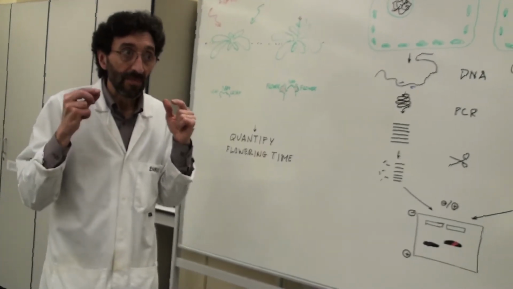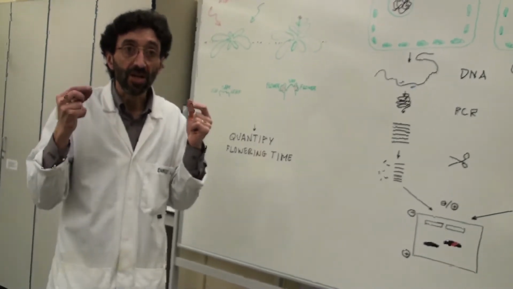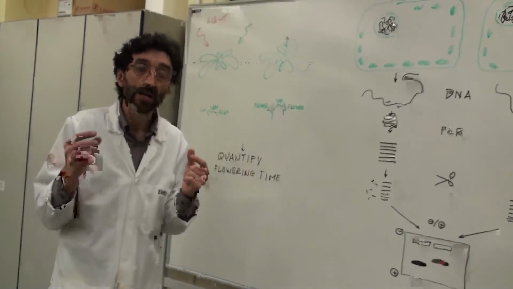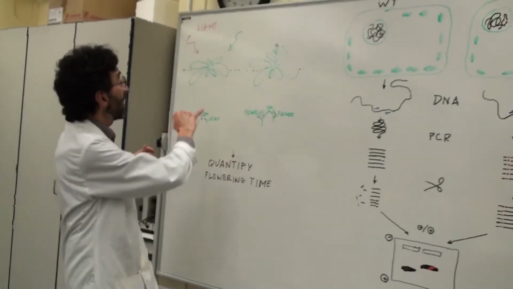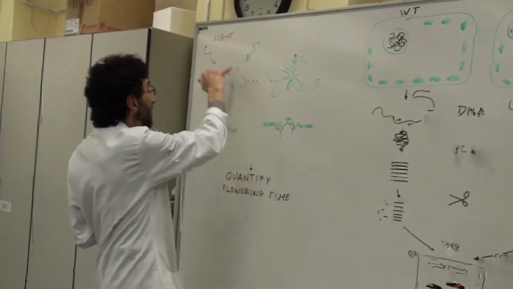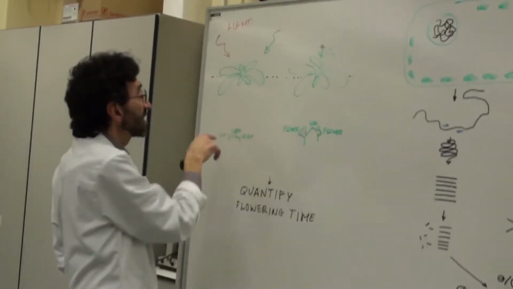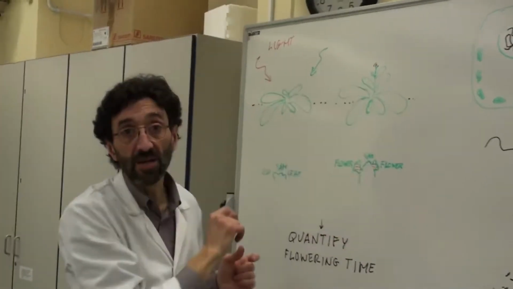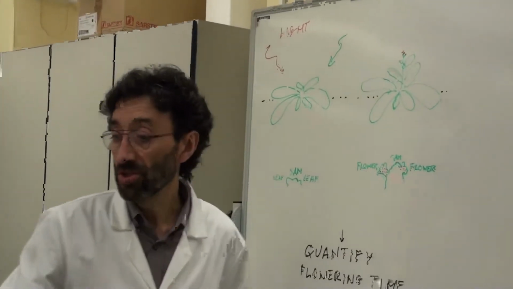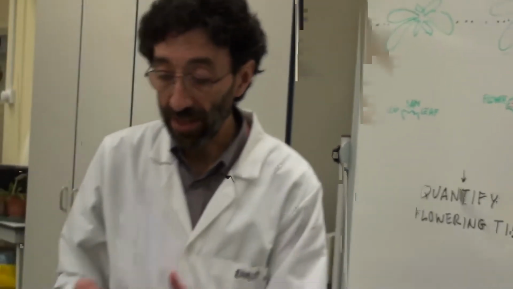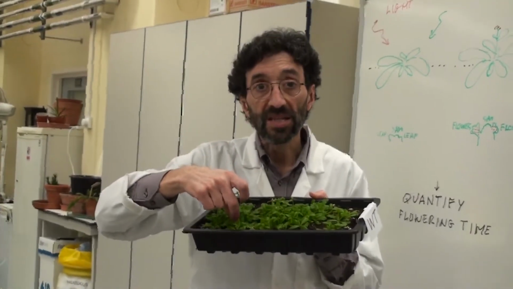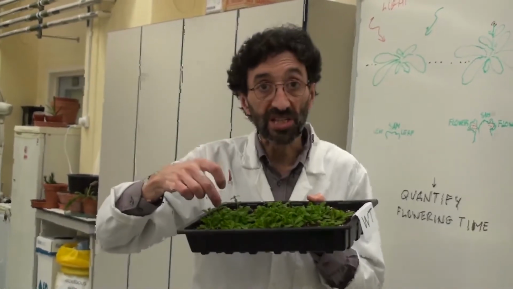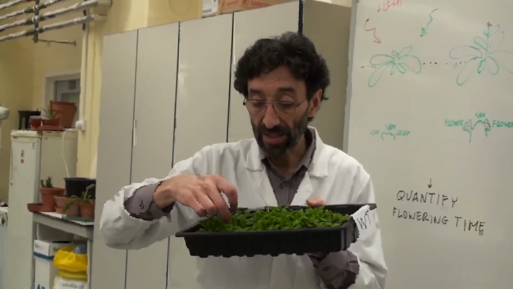Flowering plant biologists noticed that the most reliable way to quantify consistently flowering time was to quantify the number of leaves that the pseudapical meristem has produced before it undergoes the transition.